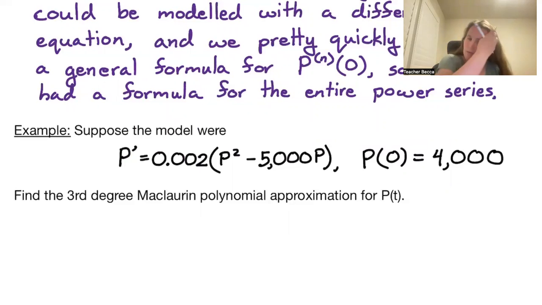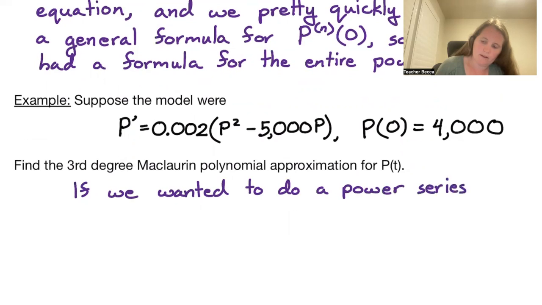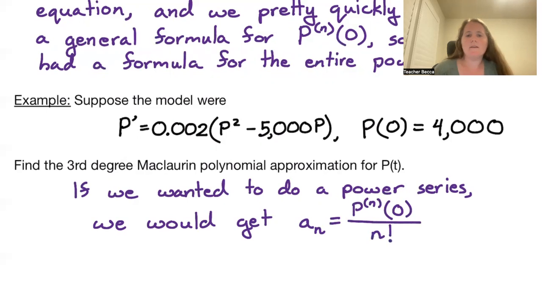So if we wanted to do our power series, we would get that our a sub n's are equal to our nth derivative of p evaluated at 0 divided by n factorial, right?